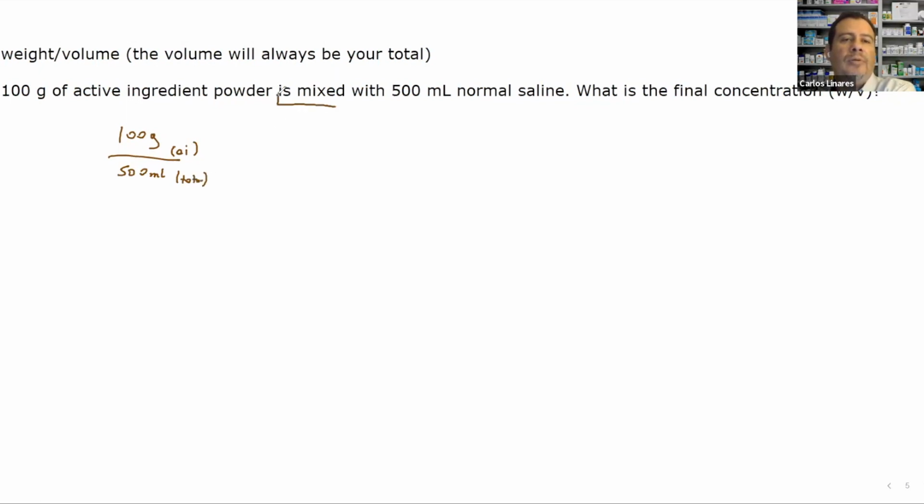Even though the keyword here says mixed, you are physically mixing it, but it's not altering the final volume. Times 100 is equal to 10,000 over 500, which is equal to 20%.